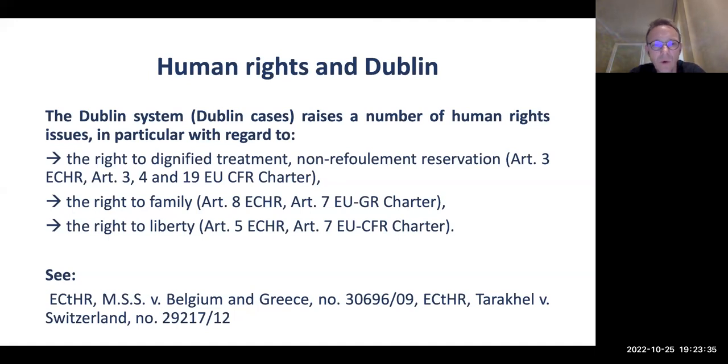This has been overruled by a very important case, the so-called MSS versus Belgium and Greece case. Here we had an asylum seeker who applied for asylum in Belgium but came through Greece. In Belgium, the authorities said, no, the Dublin regulation applies, we're sending you back to Greece.